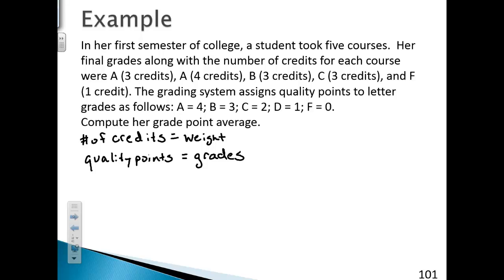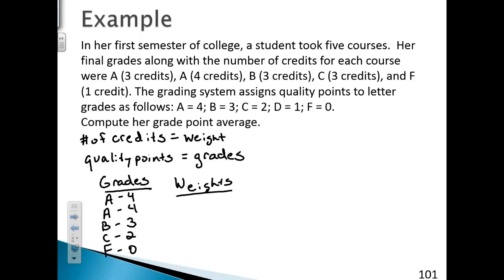So, let's again make our table. Grades. She had an A, B, C, and F. And those grades would be for the quality points a 4, a 4, a 3, a 2, and for F, no quality points for an F. Now our weights, those are the number of credits, it's how much it's weighted.